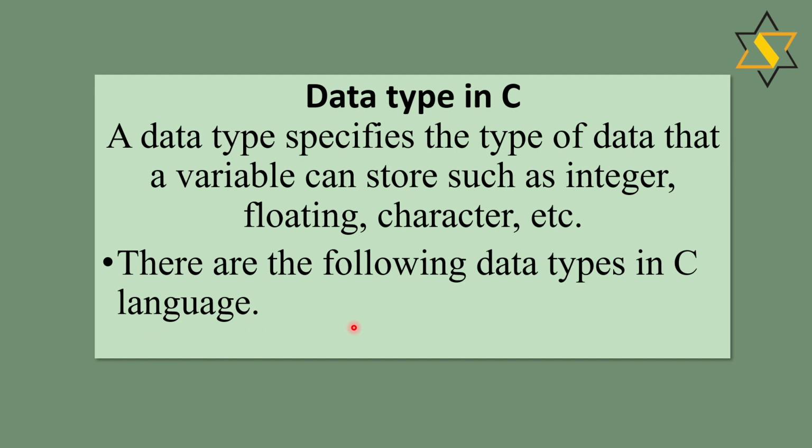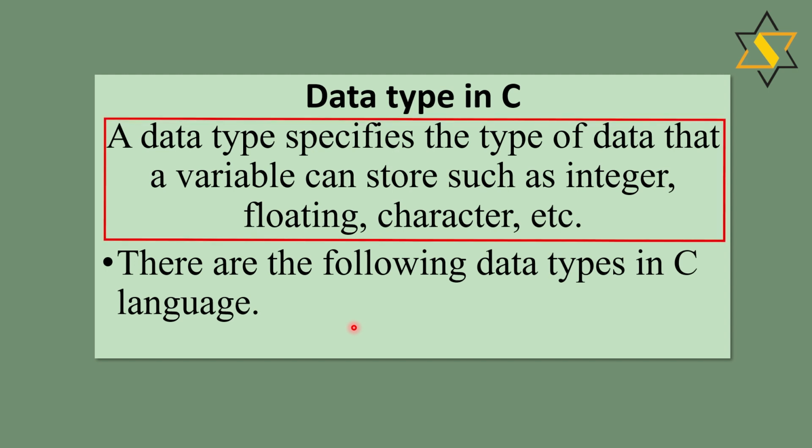Now come to the main point, that is data types. So many times from the start of this chapter we discussed data type. Now what is meant by data type? For the variable we are defining, what type is that variable: whether it is numeric, whether it is a character, whether it is a decimal point number.